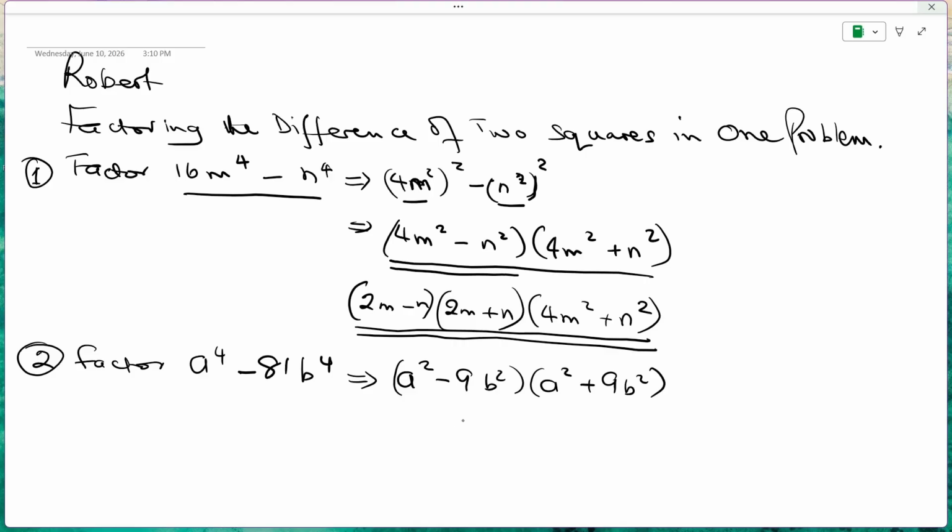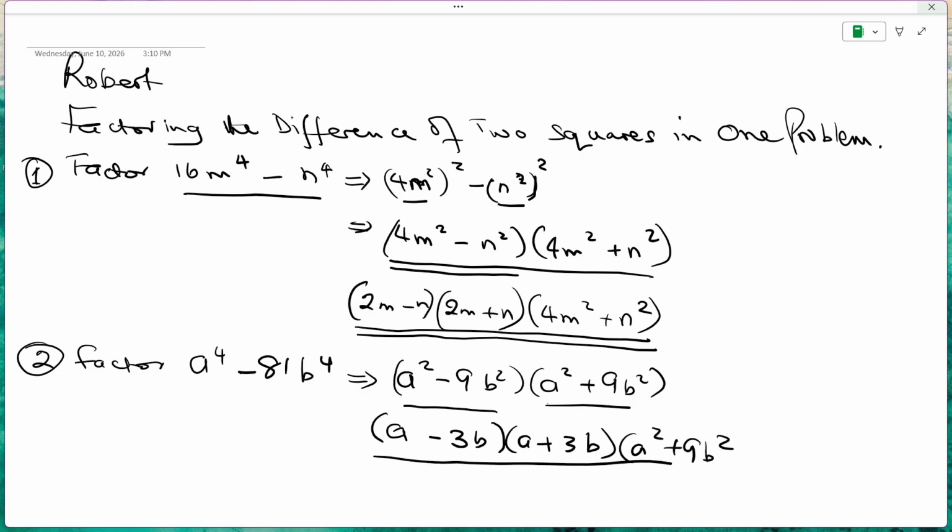Again, just like in the first example, this is the difference of squares. So we can break this down into a minus 3b into a plus 3b into this term here, a squared plus 9b squared.